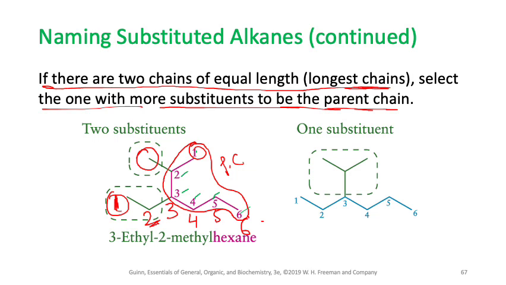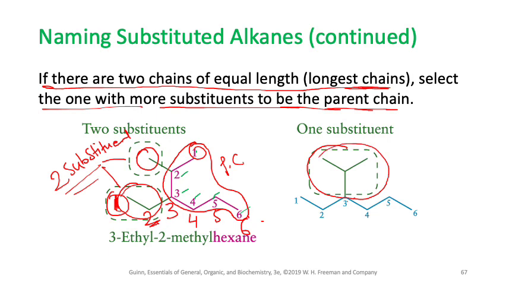This carbon is not part of the parent chain. This carbon is not part of the parent chain. So I got 2 substituents, right? But if I had used the second way that I counted for you, 1, 2, 3, 4, 5, 6, how many substituents do I get? Just 1, which is present on the third, right?